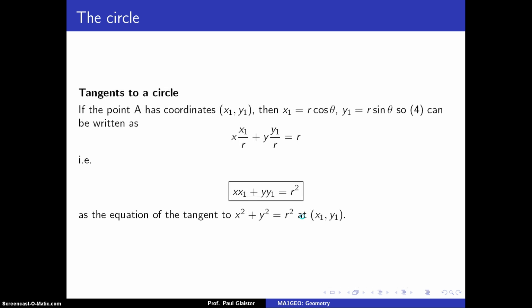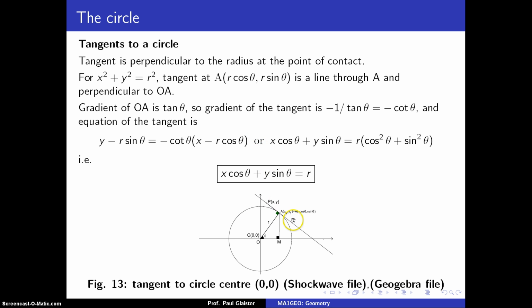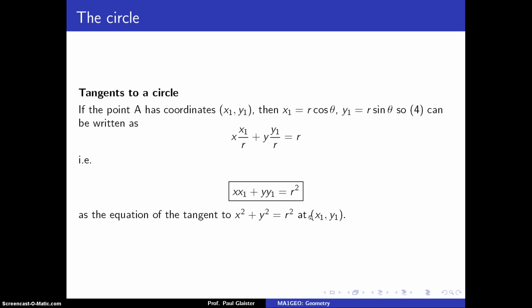Now you can use that form to deduce the Cartesian equation of the tangent at that same point if you're given the Cartesian coordinates, in this case x1, y1. We can take exactly the same equation as before and notice that the point x1, y1, which is labelled as A, has x1 equal r cos theta and y1 equal r sin theta.